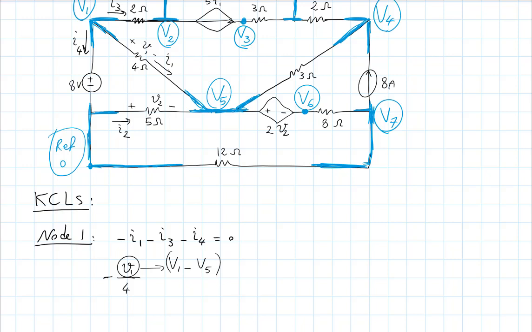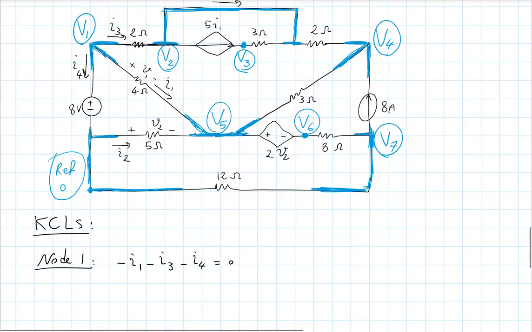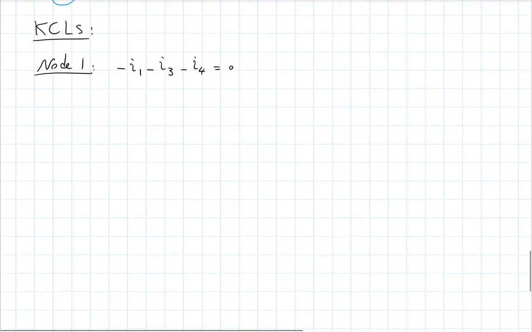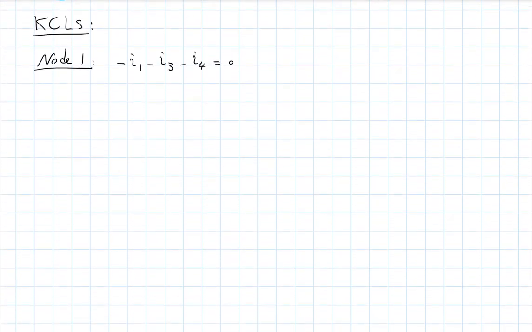So our first equation then ends up being, even without having to resort to the definition of that intermediate V1, just big V1 minus big V5 divided by 4.